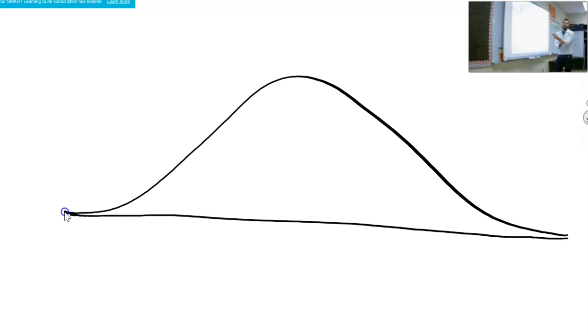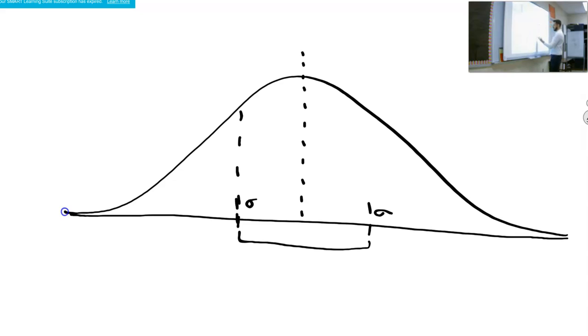When we have a normal distribution of quantitative data, the empirical rule says, starting from the mean, 68% of the data, or of the area underneath the curve, will be within one standard deviation from that mean. So from here to here, within one standard deviation, we will have 68% of the area underneath the curve.